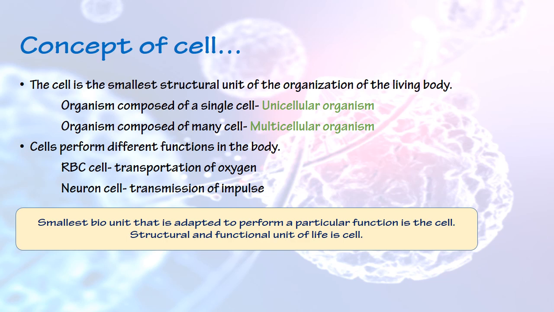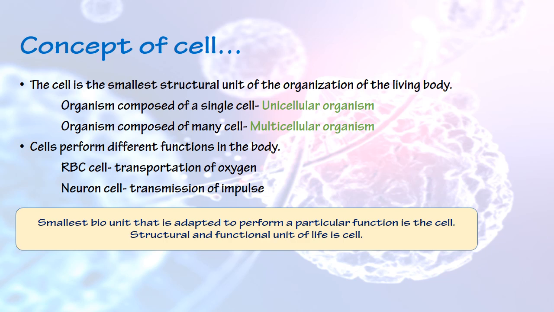Okay, let's move to the second point. Cells perform different functions in the body. Yes. For example, take red blood cells in the human body, and not only the human body but all other organisms, which transport oxygen.